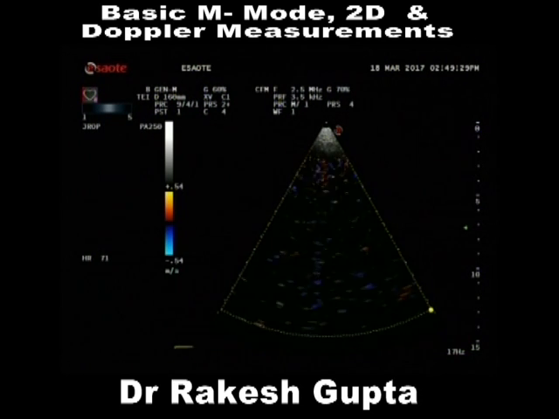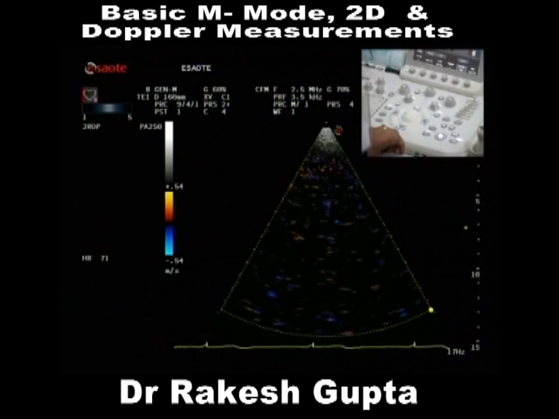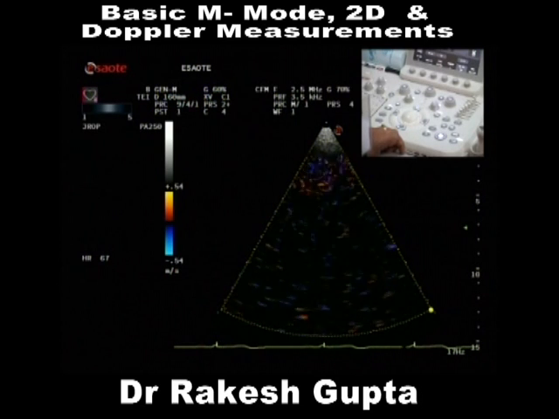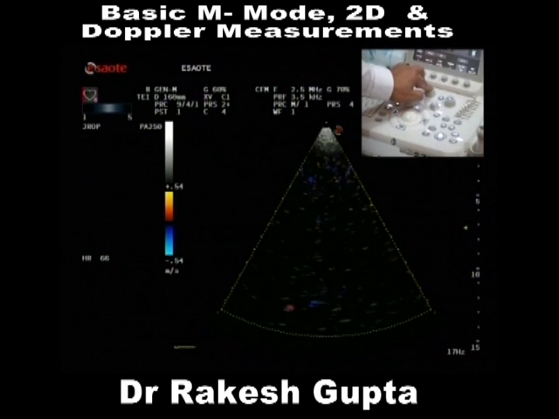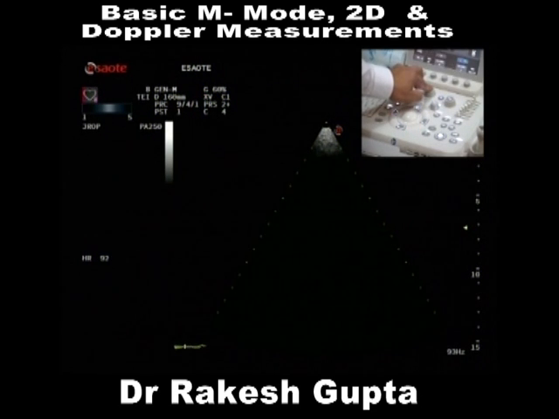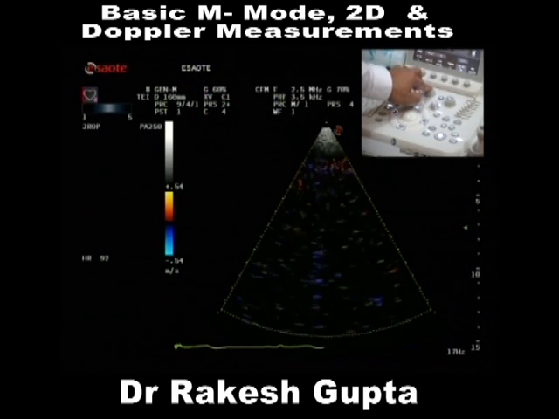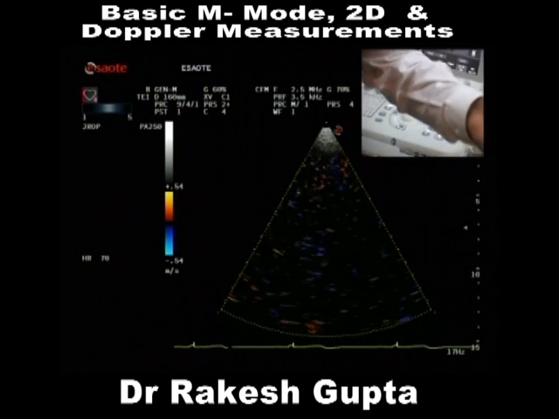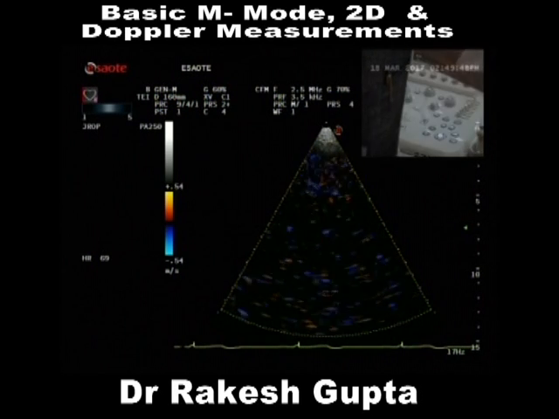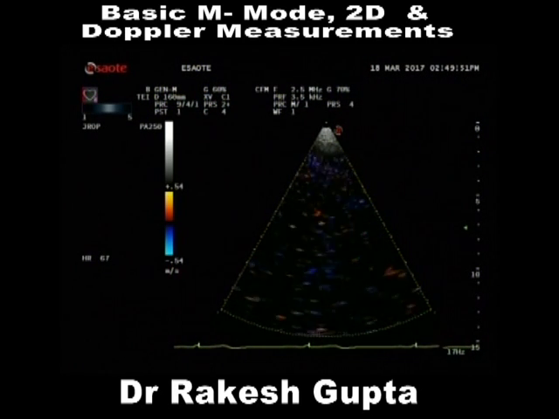Now I am widening this, 17. How much energy has it consumed? Colors off, colors on, from 93 directly to 70. And the less the frame rate, the poorer the quality.